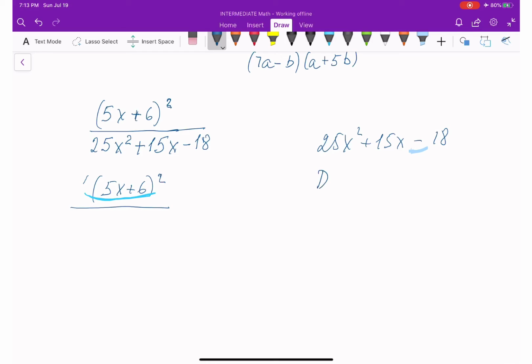So the discriminant is equal to b squared, which is negative 15, 15 squared, minus 4 times a, which is 25, and c, which is 18. Okay, 15 squared is going to be 225.